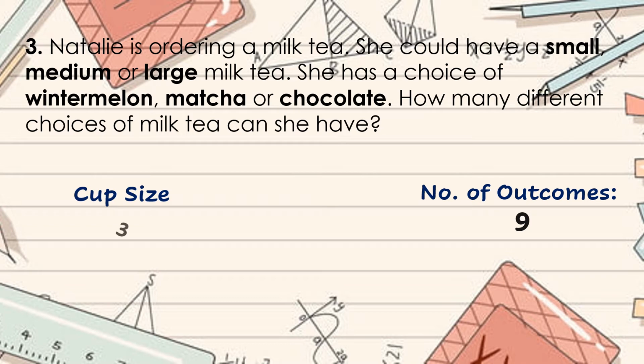Because we have 3 choices for cup size and 3 choices for milk tea flavor. Multiplying it, the product is 9. Ibig sabihin, tama na i-multiply natin yung mga outcomes for each experiment sa given problem. Right?